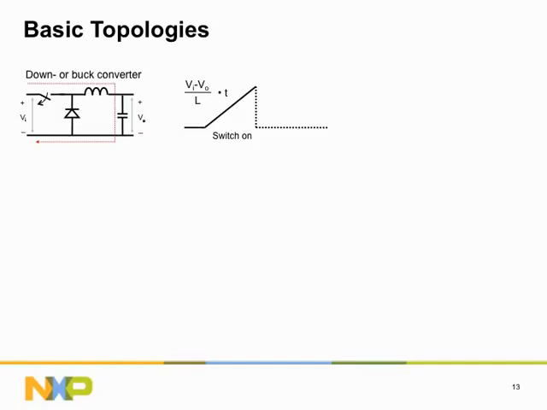As we know from elementary network theory, a constant voltage drop across an inductor causes the current flowing through that inductor to rise linearly with time. dI/dt is constant, and the proportionality factor is the inverse of the inductance value L of the component. On the right-hand side, the linear increase of the current in the inductor is shown in a graph. This operation phase of a converter, where the first or primary switch is closed, is called the primary stroke.